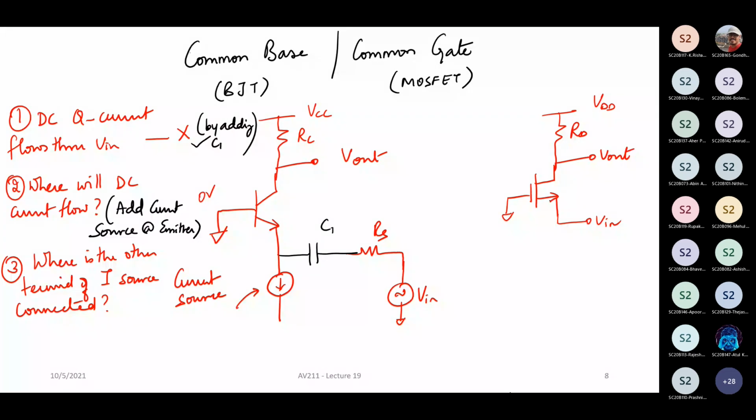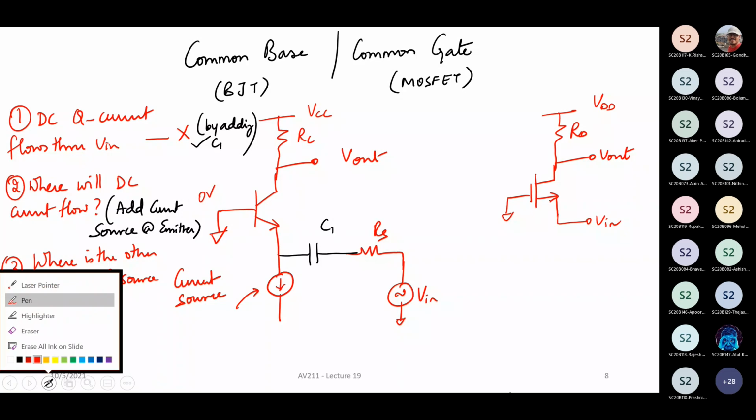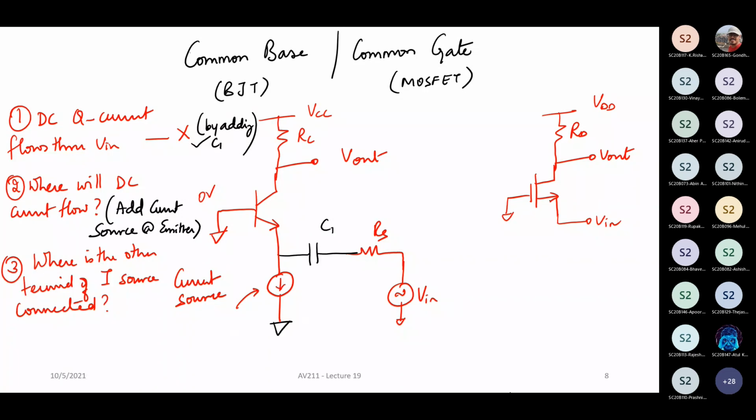So current source cannot be short circuit. No, you're not short circuiting. I'm talking about what you connect here. Can we connect it to ground? Will it be okay? Or should we give a negative supply? I think so. We can connect it to the ground.